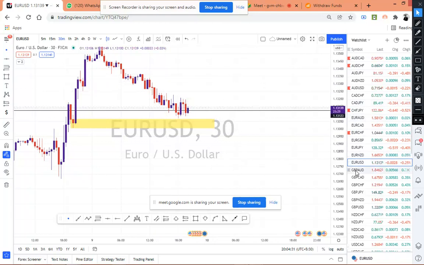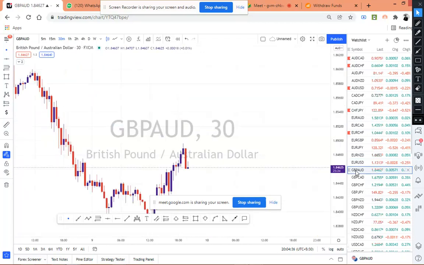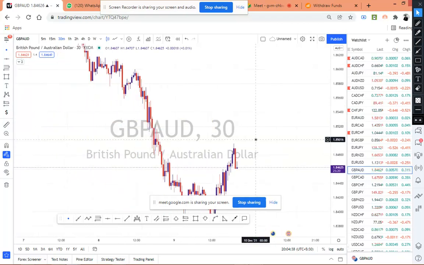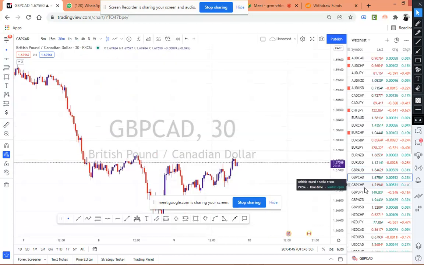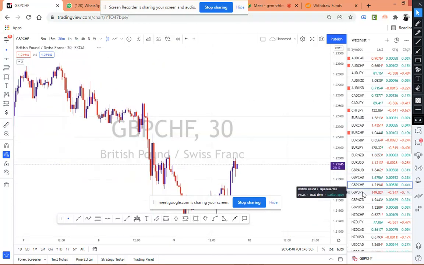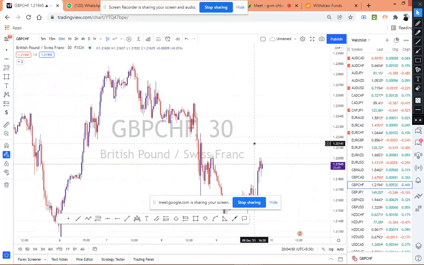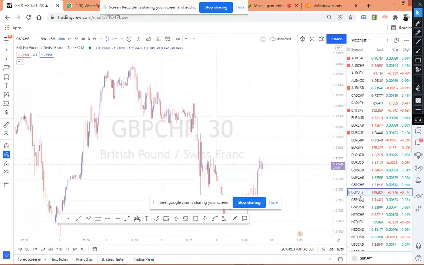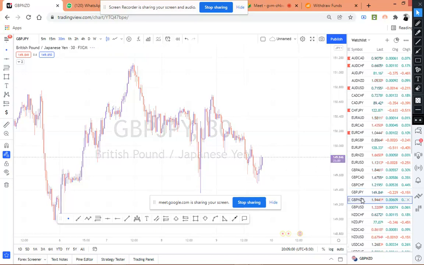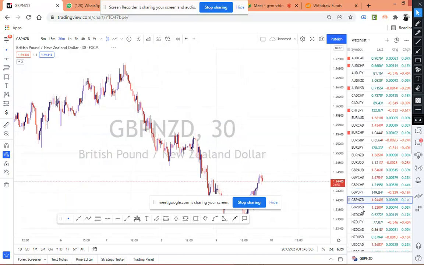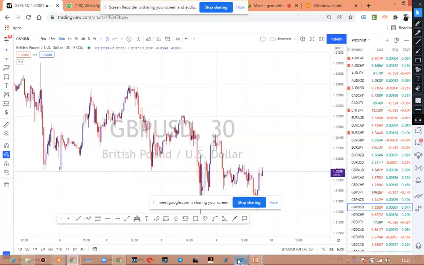So I'm not sure about this trade. So let me keep looking if there's any opportunity to open any trade.